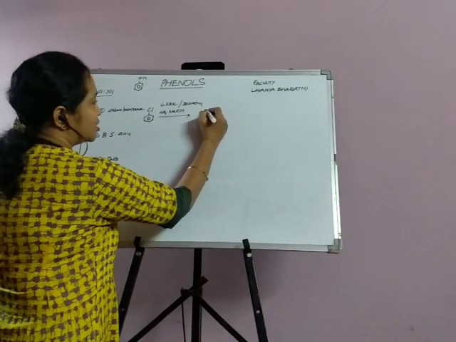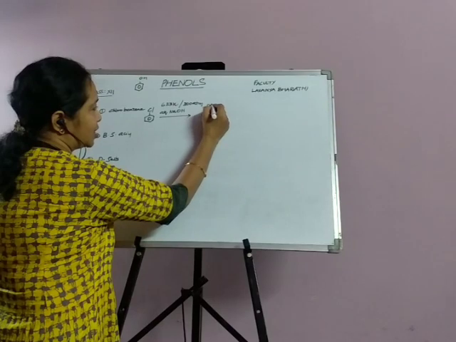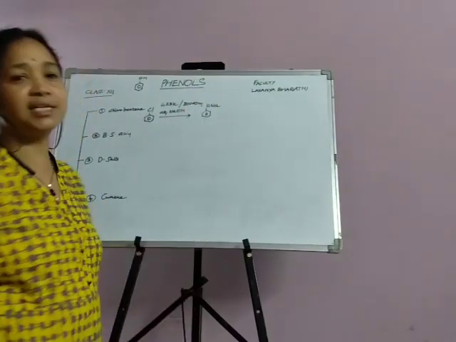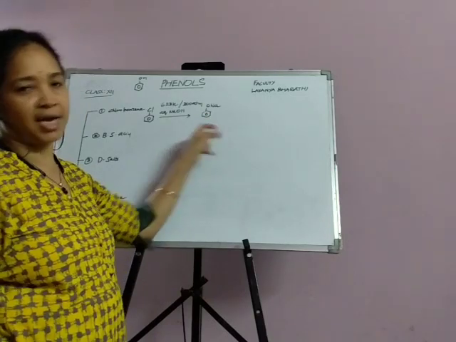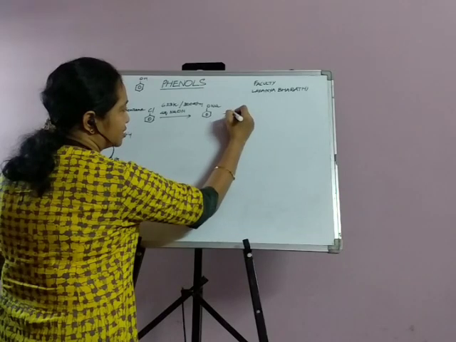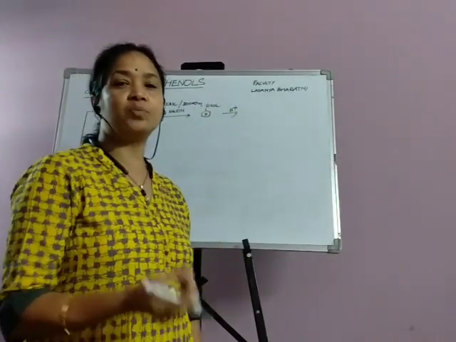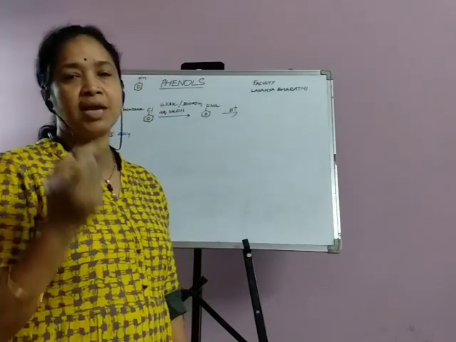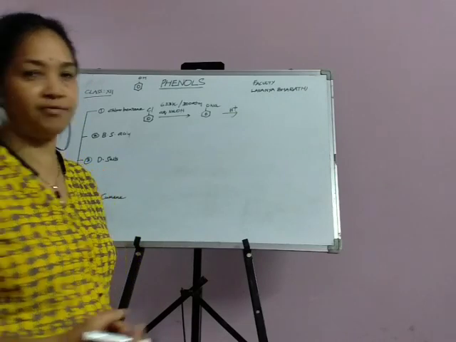First of all, this chlorobenzene is converted into sodium phenoxide, C6H5ONa. This is called sodium phenoxide. Then later this is acidified. When it is treated with any dilute acid, it releases H plus. We call this particular reaction acidification.